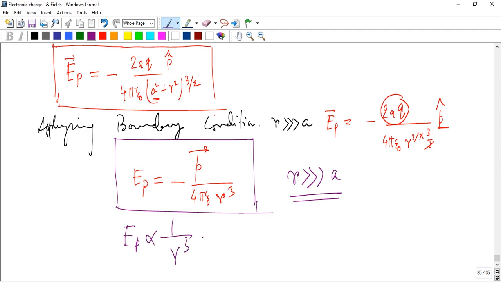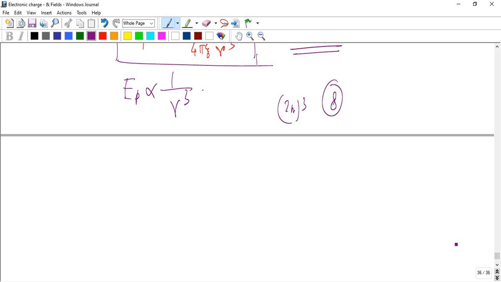If the distance is suppose 2 meter, 2 meter cube, that is 8. So the electric field is 1 by 8 times lesser than the previous one. So the field is inversely proportional.